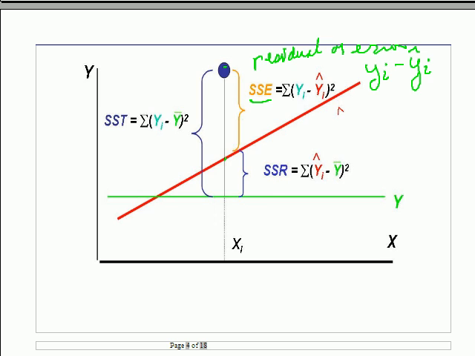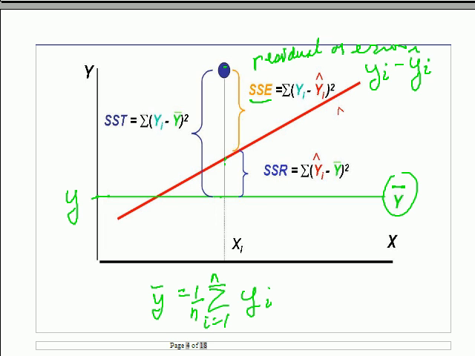If you take the line and you go down to the average value of y, this is the mean value of y. So this is y mean, which means you took all your data points, the y values, and added them up and divided by n. That's just a line drawn through that value of y. Here's your y bar right here.